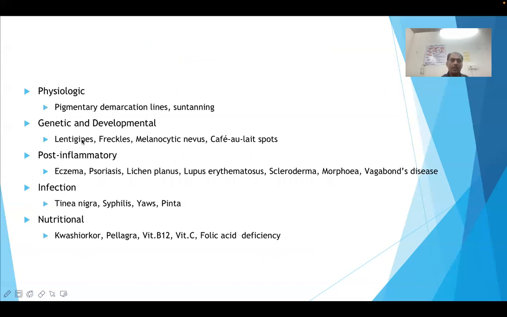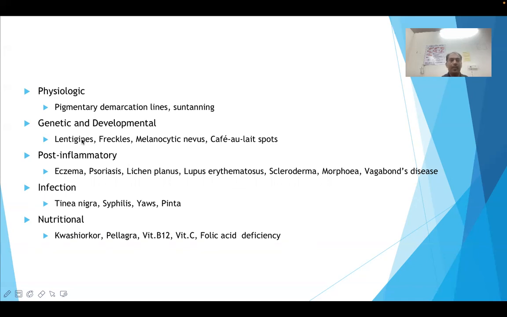There are several other classifications: the physiologic classification such as pigmentary demarcation line, genetic and developmental causes being lentigines, freckles, melanocytic nevus, and cafe au lait spots. Post-inflammatory causes: eczema, psoriasis, lichen planus, lupus erythematosus, scleroderma, morphea, even burns and traumas.